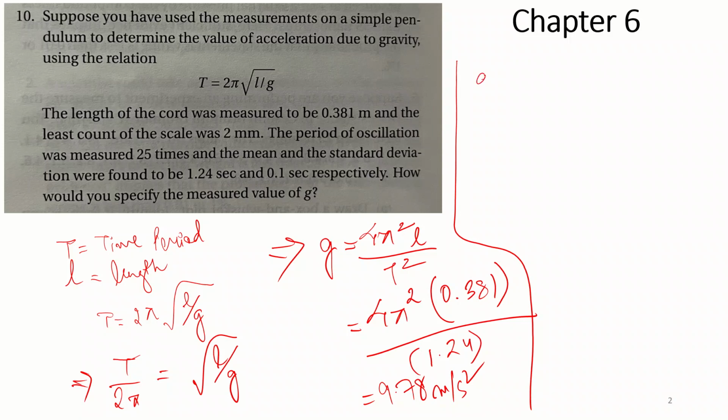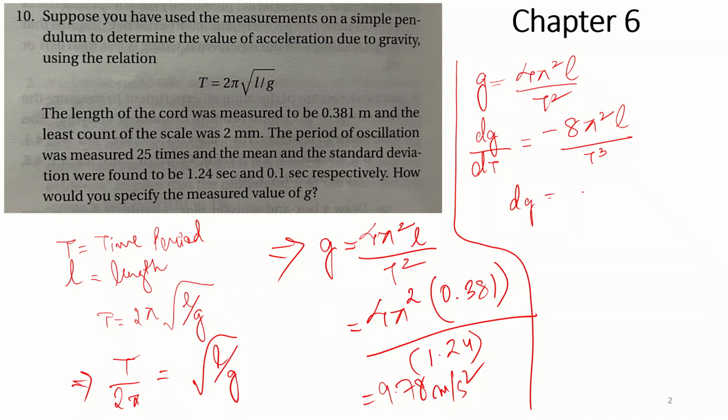Now to calculate the error, we take the same equation for g and differentiate it. So dg equal to 8 pi square L T by dT.